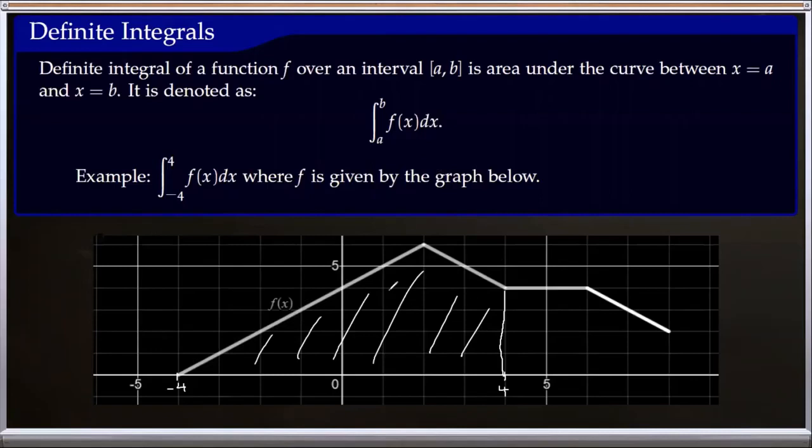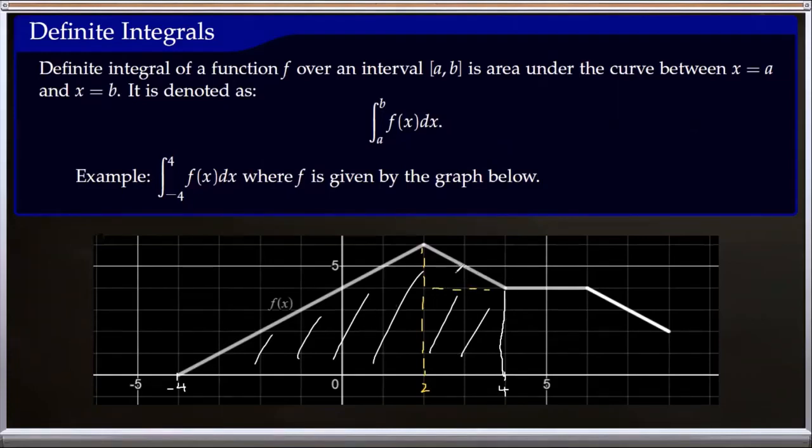Again, we can try to divide this region into several parts so that we can find the area. We can divide this in different ways. Maybe we can look at one big triangle up to 2, like this one. And then we can look at another triangle up here.